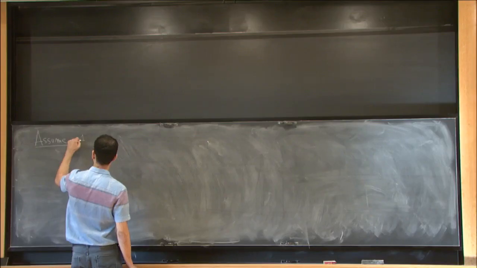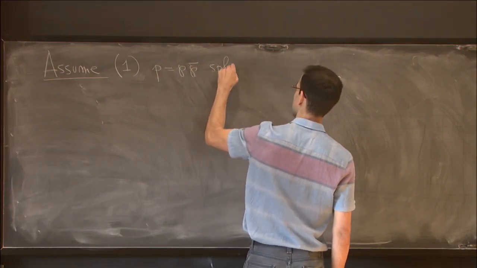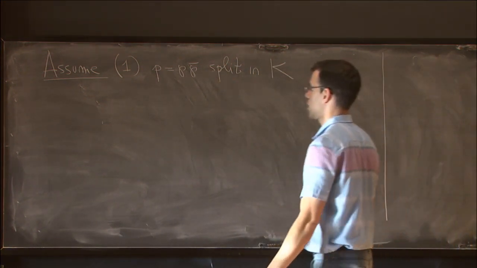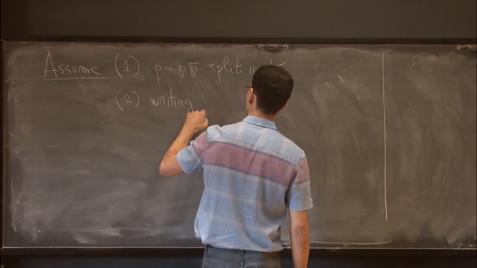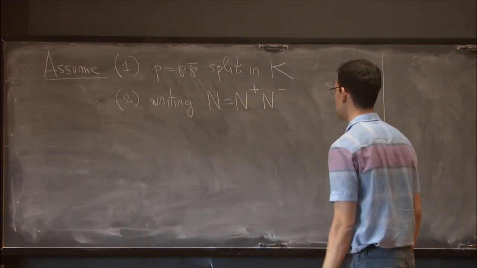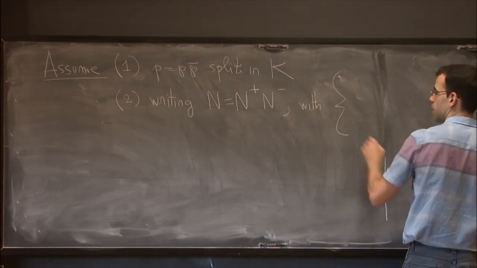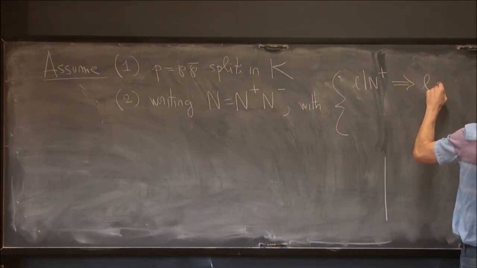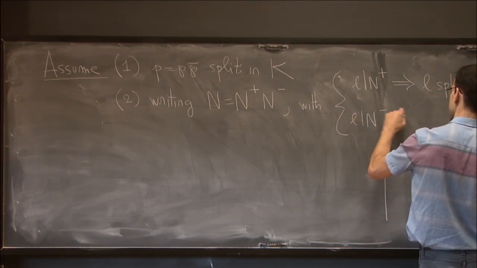First, I want the prime p to be split in K. Secondly, I write N as a product N plus N minus, where in N plus I put the primes dividing N which are split in K, and in N minus those that are inert.